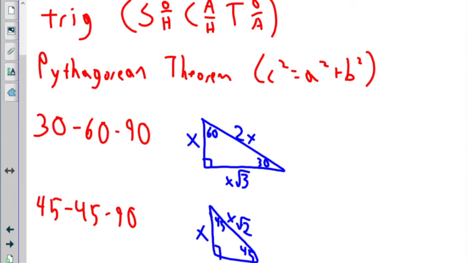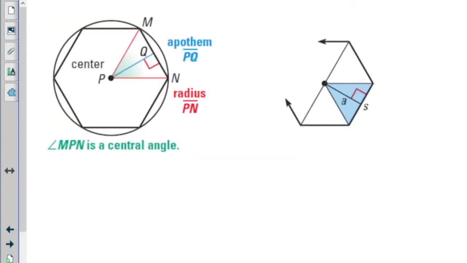To get our central angle, we need to go all the way around the circle, because we can go around the entire polygon. How far is all the way around the circle? 360 degrees. In order to figure out what the angle in the triangle is, how many triangles are there? It's determined by how many sides there are, because remember, each side forms the base of one of the triangles. So one other quick formula you will need to write down is for this central angle.